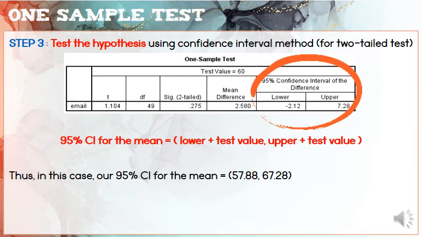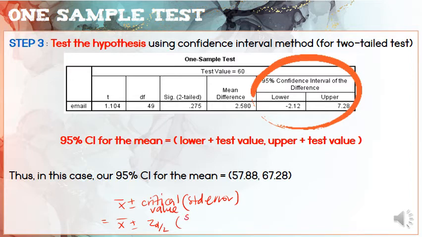To calculate manually, sama macam chapter 3, where nak cari confidence interval adalah x bar plus minus your margin of error, which is your critical value multiply dengan your standard error, which is your x bar plus minus z alpha over 2 ataupun t alpha over 2 degree of freedom n minus 1 multiply dengan s bahagi root n.